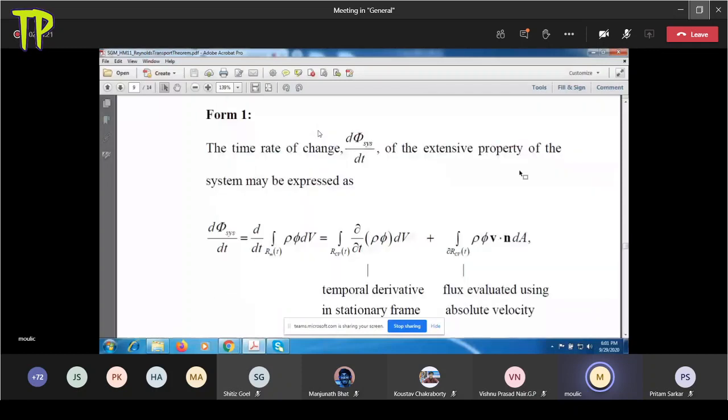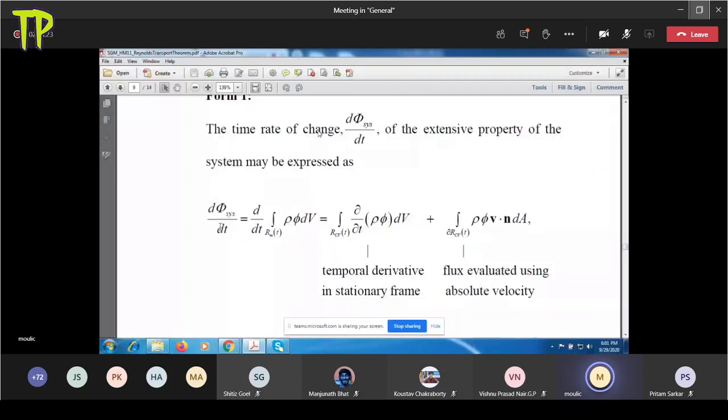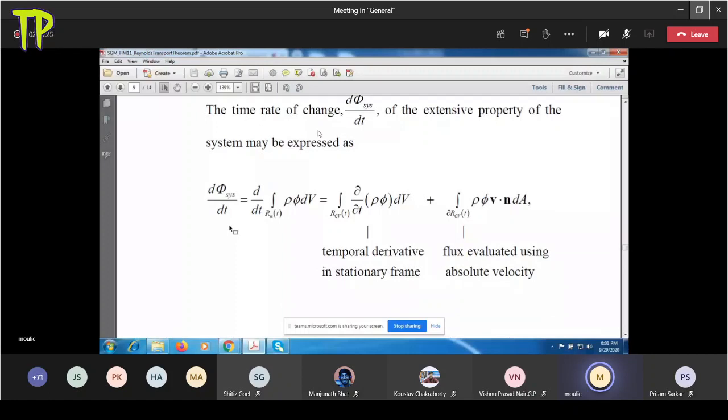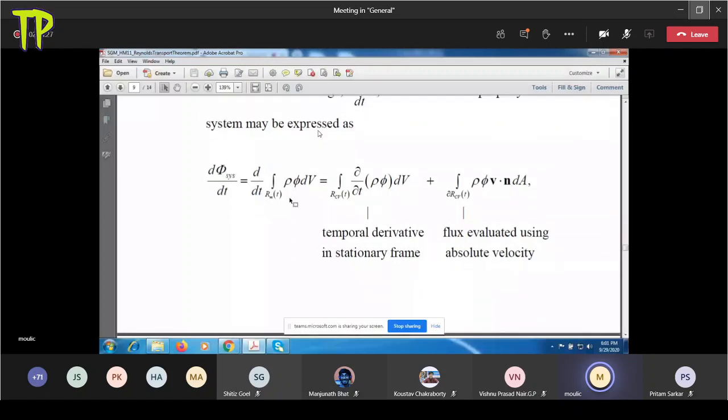Now you have d/dt of phi system is d/dt of the integral over Rm(t) of rho phi dV, which will be this unsteady term plus this flux term. So the form is similar to what I've already shown you. The only thing is I've written R_CV(t) here and del R_CV(t). So there are three things now.